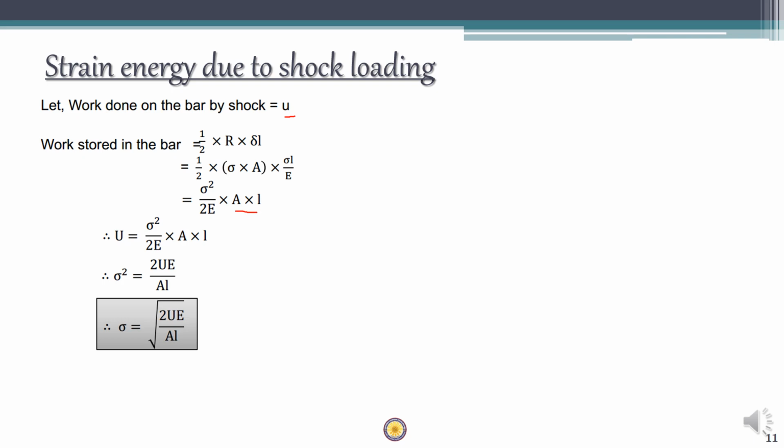So U is equal to sigma square by 2E multiplied by A into L. We have sigma is equal to square root of 2UE divided by AL.